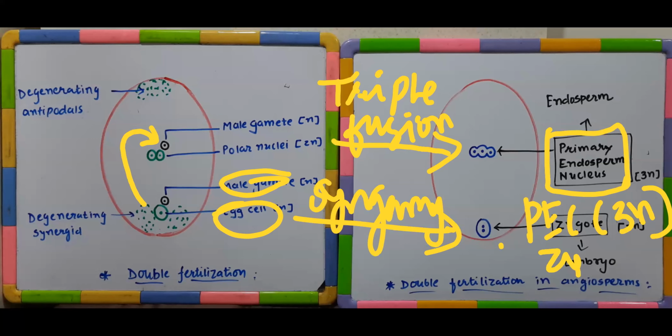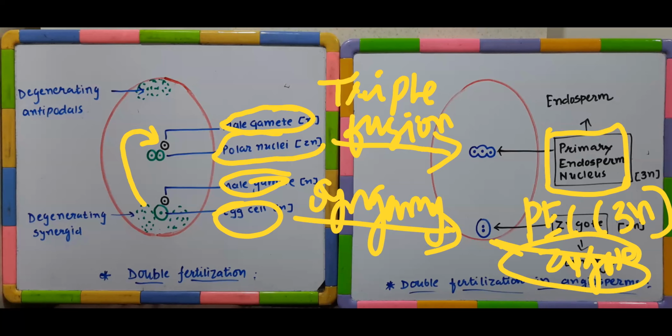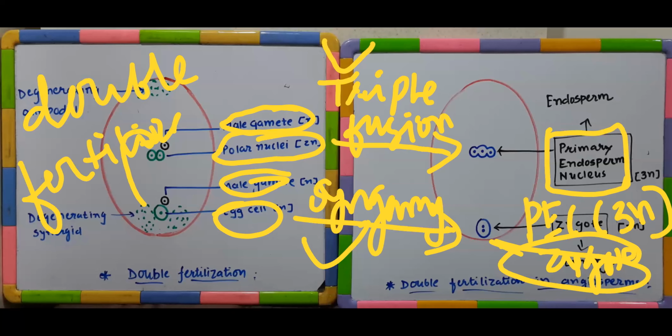Another was triple fusion, carried out by one haploid male gamete and two polar nuclei, leading to the formation of the primary endosperm nucleus, a triploid structure. As two types of fusions occur within the embryo sac, syngamy as well as triple fusion, this is the reason why the phenomenon is called double fertilization in angiosperms.